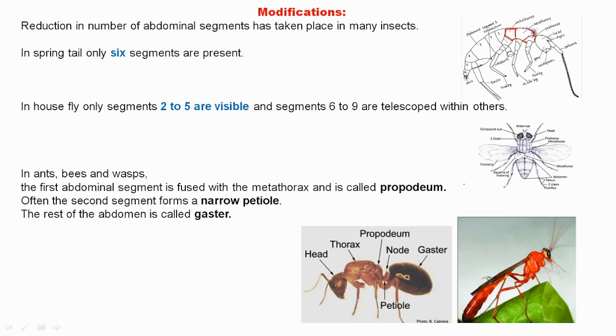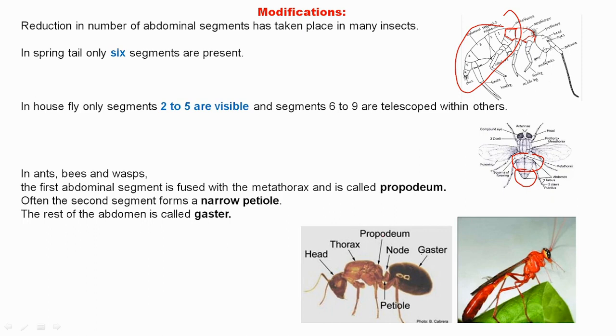Next, see some modifications. We can see a reduced number of abdominal segments in many insects. For example, in springtail we can see only 6 abdominal segments. In houseflies, 2 to 5 abdominal segments are clearly visible and 6 to 9 segments are telescoped within the others.